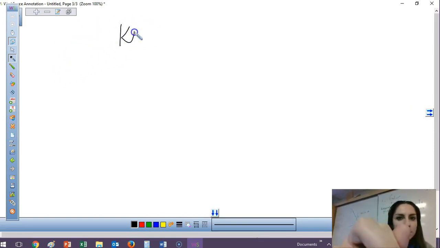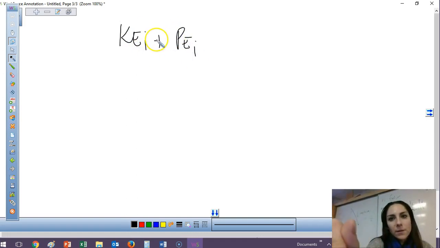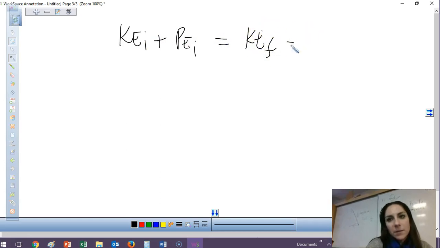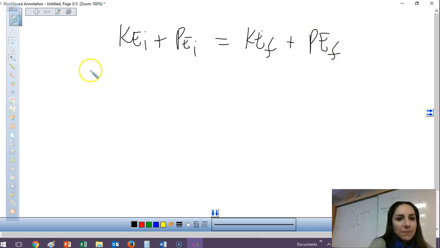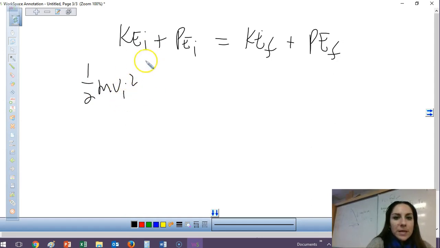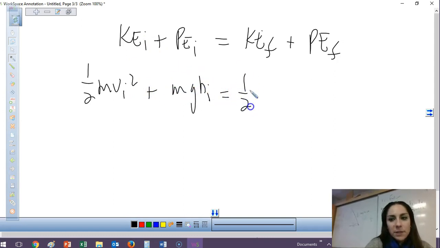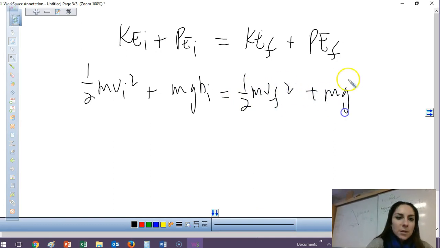So, KE initial plus PE initial equals KE final plus PE final, like that, right? So remember, KE is 1/2 m v squared. Now the i represents initial and potential initial. And then I'm just expanding this out, I hope you notice.